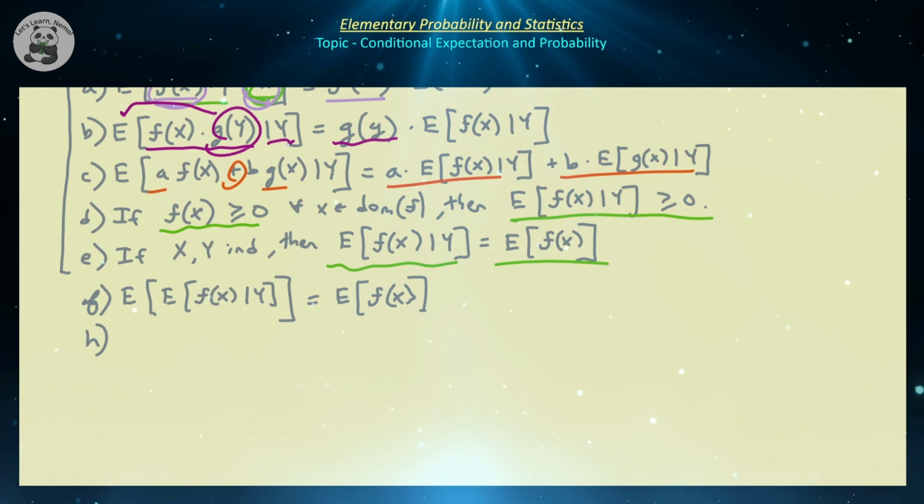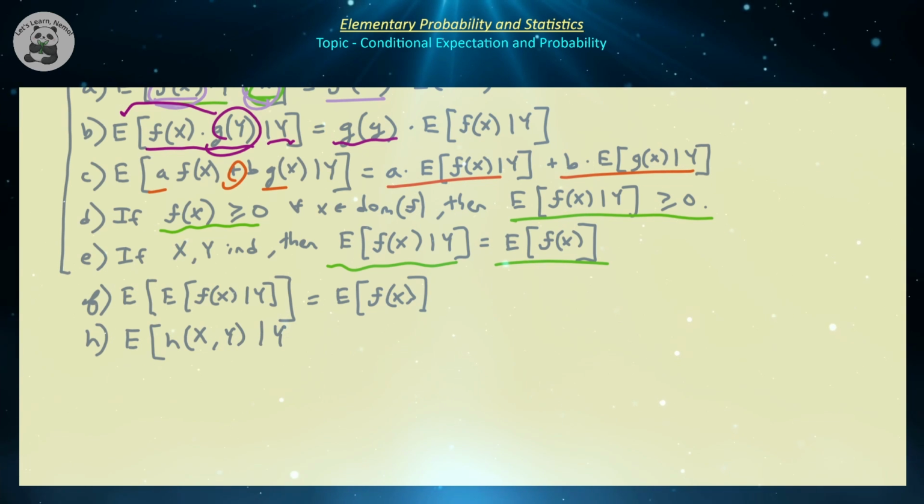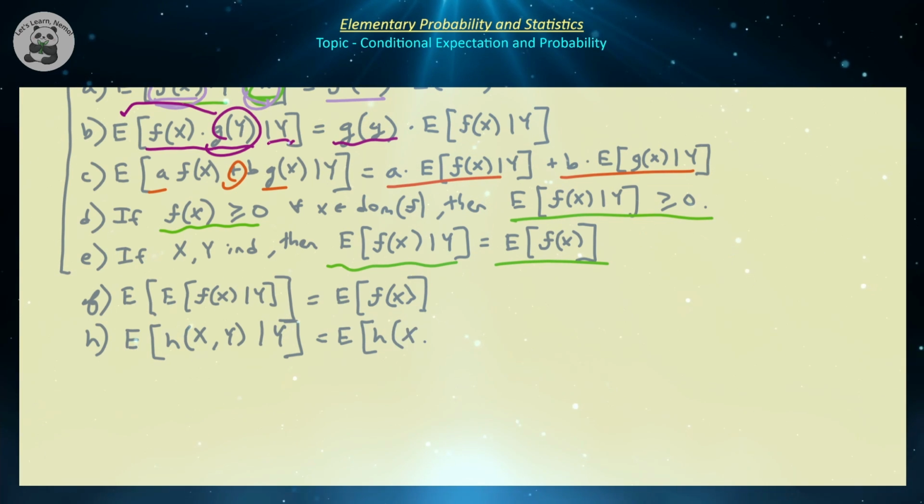And another very important theorem is that if you have an expectation of a function of two variables, that's not necessarily decomposed. So for example, the expectation of h of capital X, capital Y, given some value of y, is actually equal to the expectation of h evaluated at random variable x and the value little y, assuming that capital Y takes the value little y, right?